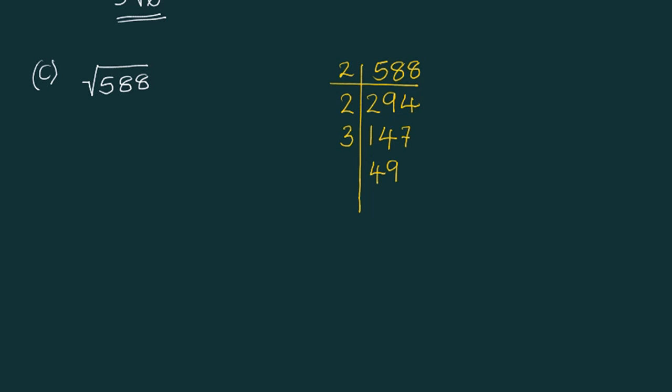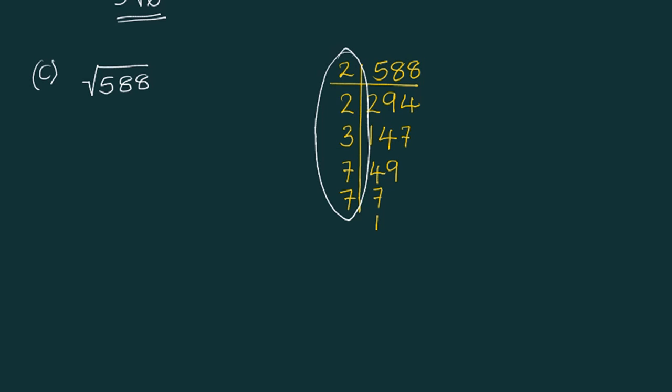Again, we divide 7 into 49 and we get 7, and 7 into 7 we get 1. So we now have our prime factors. All these are our prime factors.